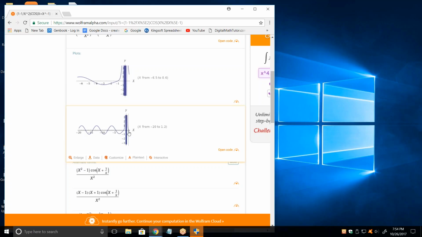It's negative from that point to maybe that point. Now you could put this into your Inspire and get the exact interval where the second derivative is negative. I can't seem to get it on Wolfram Alpha, but you can get it on your calculator.